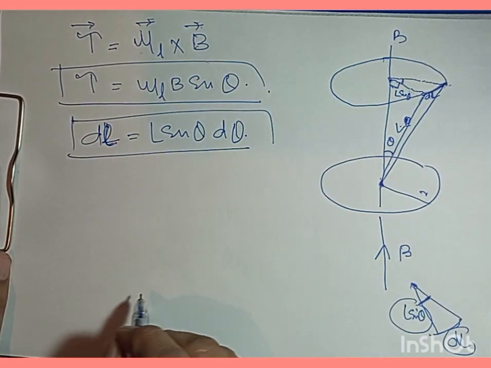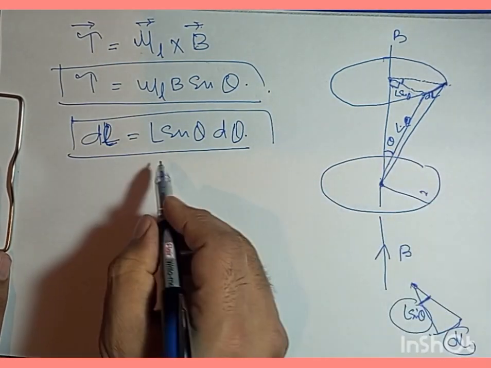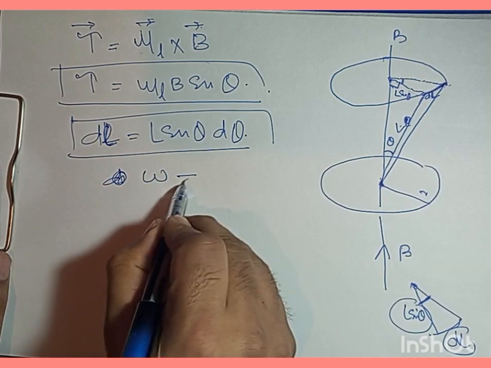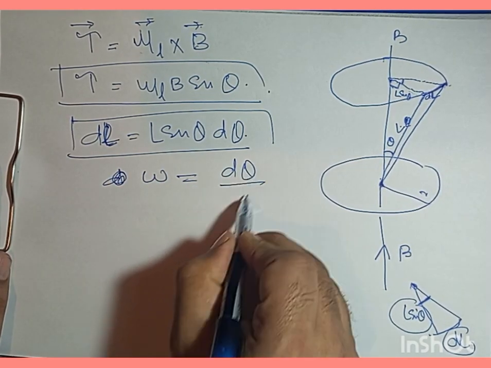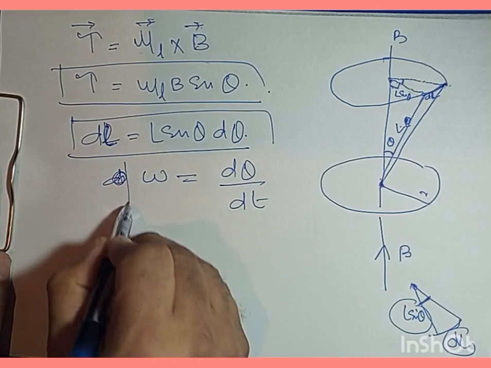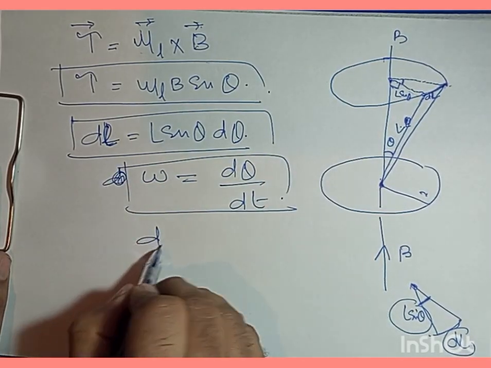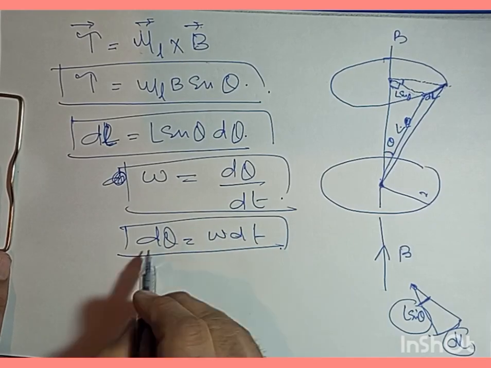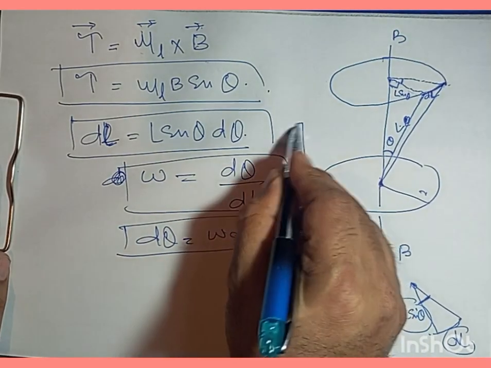Okay, so what is this d theta? I can write down angular frequency. Omega is d theta by dt. So this d theta is omega dt. Now I can use the value of this d theta in this equation.